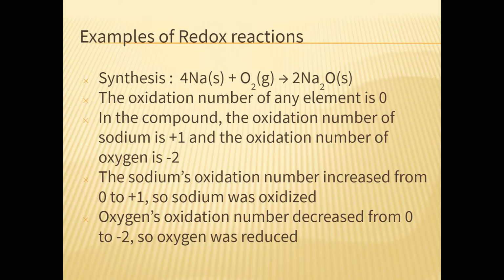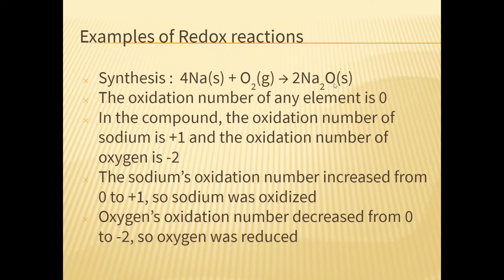There are a lot of rules that govern what the oxidation numbers are. We've already learned some of them, we just haven't looked at it straight on. So let's take this synthesis example for starters. We know that elements are neutral, so their oxidation numbers are always zeros.